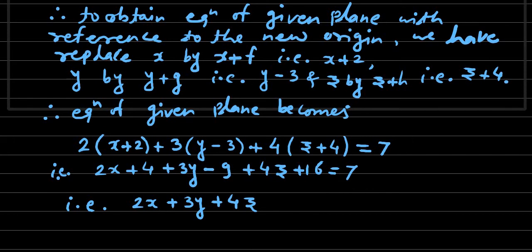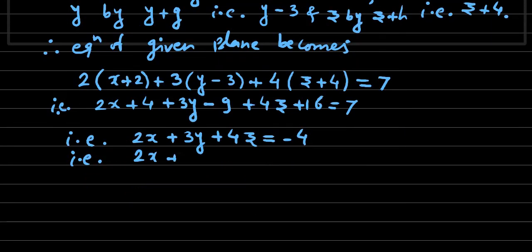So this is equal to minus 4, and this minus 4 can be transferred to the left hand side, and therefore we will get 2x plus 3y plus 4z plus 4 equal to 0.